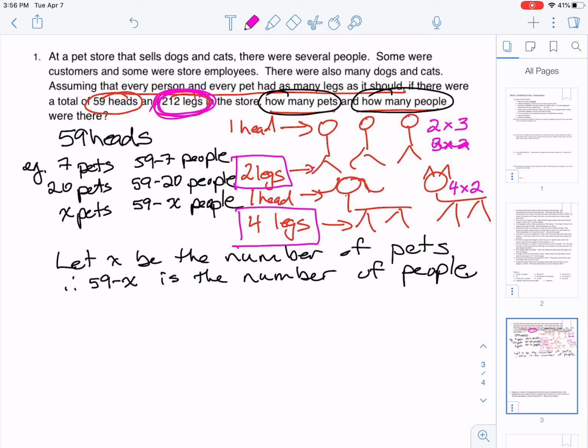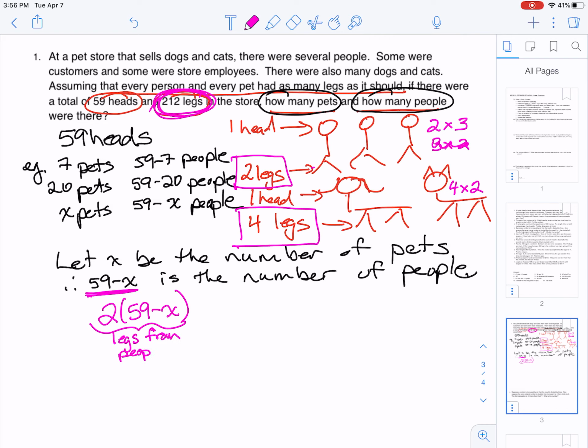So to find the total of legs from people, we have to take how many people we have and multiply that number by 2. Well, we know there are 59 minus x people, so we need to multiply that expression by 2. This would be the legs from people.